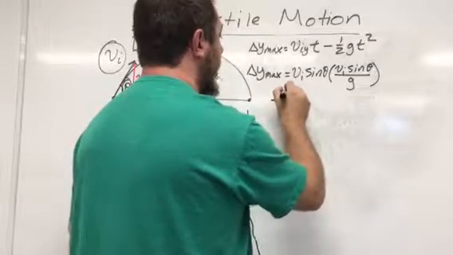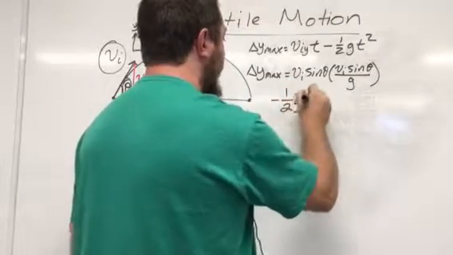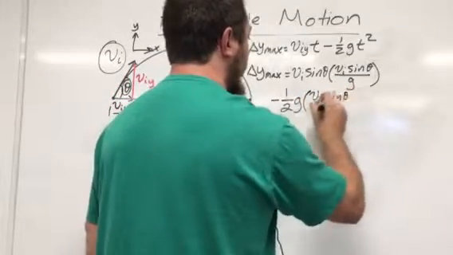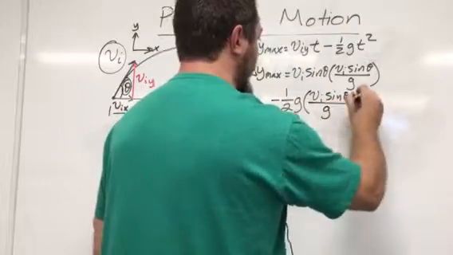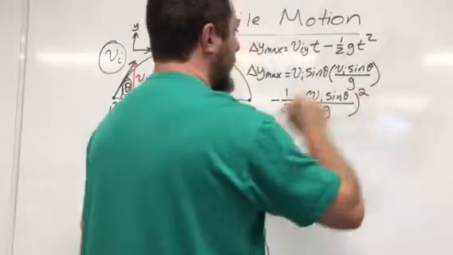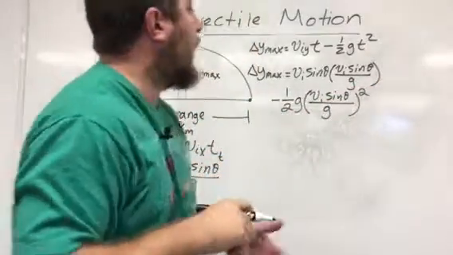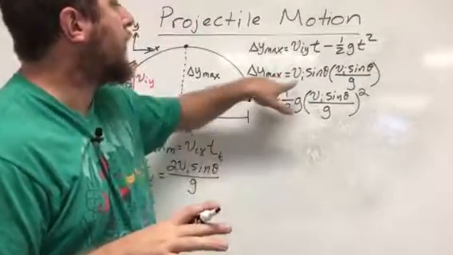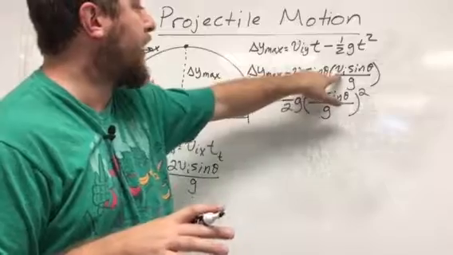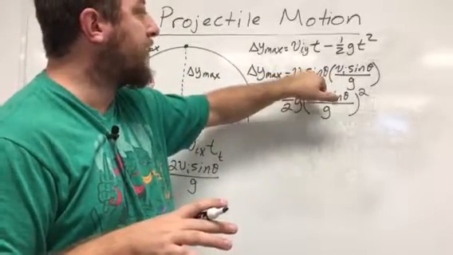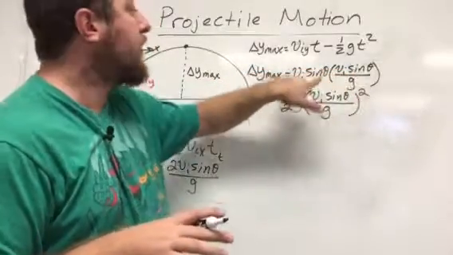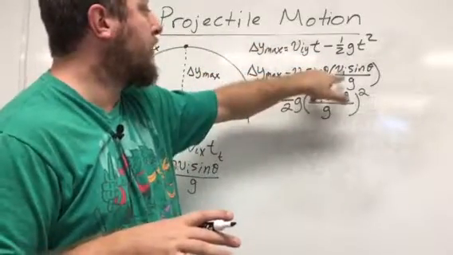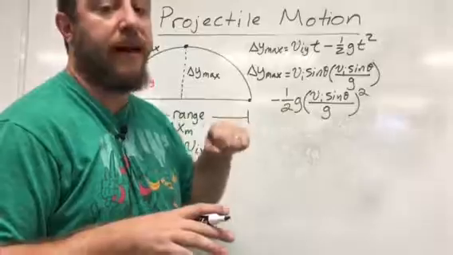So this is then going to be minus 1/2 g times Vi sine theta over g, and that's squared. Now, this is pretty busy, so let's break this down. Here I have a Vi, and here I have a Vi. Here I have a sine theta, and here I have a sine theta. So on my numerator here, I'm going to get Vi squared times sine theta squared divided by g.